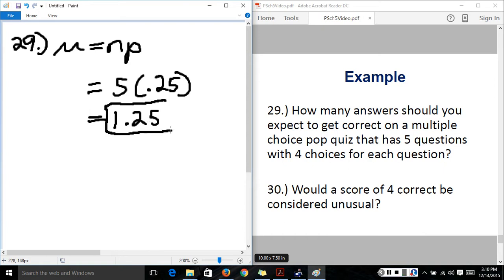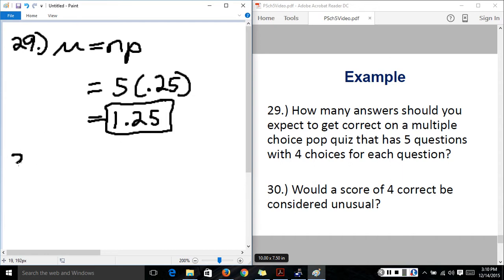So on average, if you're taking a 5-question multiple choice pop quiz and there's 4 choices for each question, you would expect to get 1.25 of them correct if you are guessing. If you are answering randomly, you're much better off to actually know the answers. But if you are randomly picking, you would expect to get 1.25 of them correct.